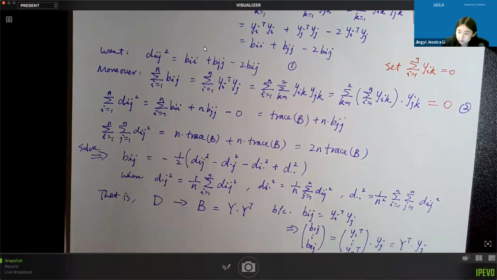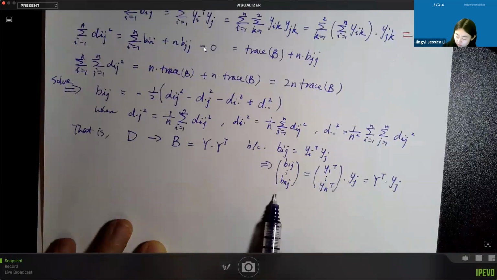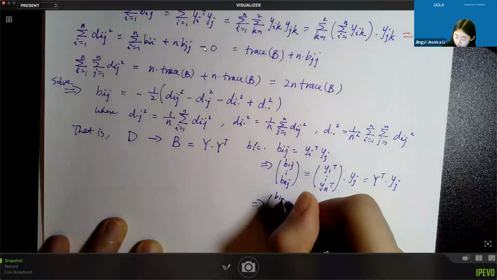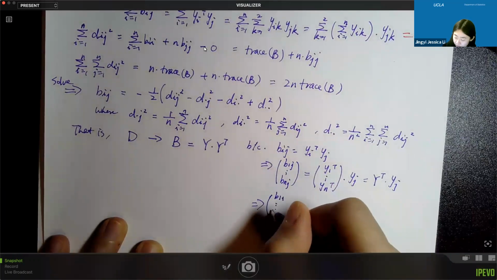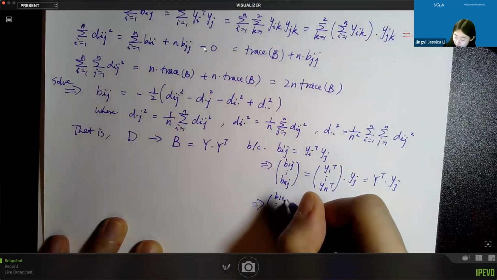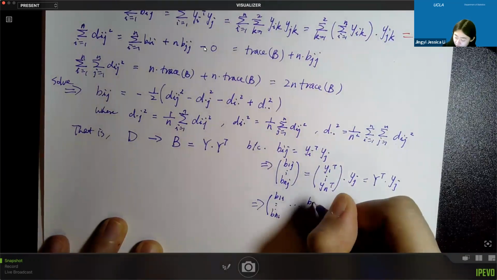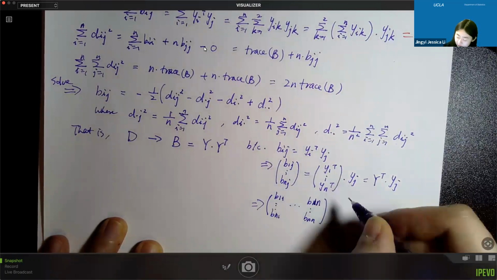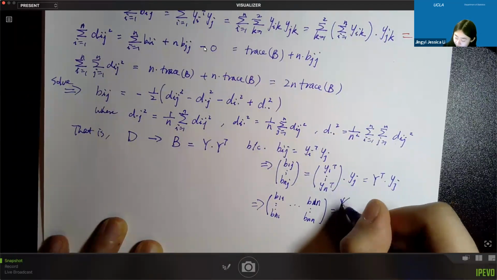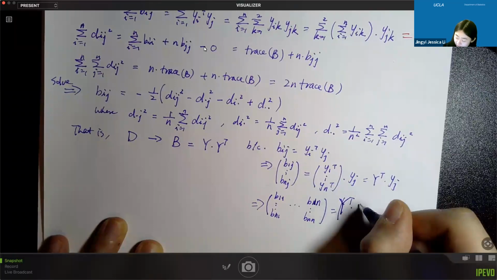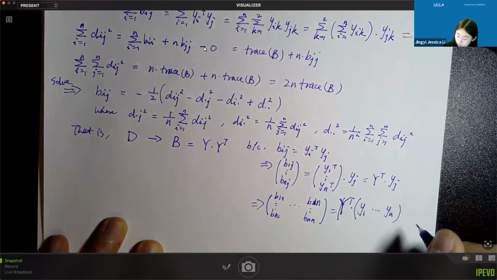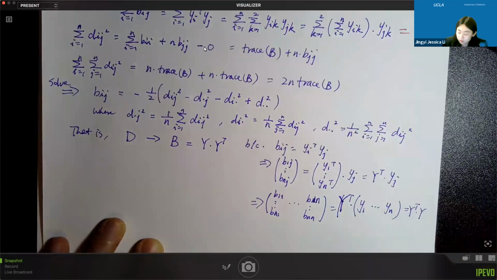And then I further stack the columns: B11 to Bn1, that's the first column, to B1n to Bnn, that's the last column. If I do that, Y transpose stays, and then I would have Y1 to Yn. So therefore, that gives me Y transpose Y.